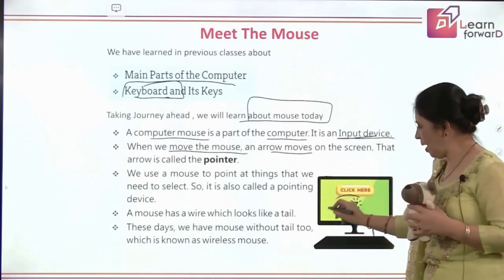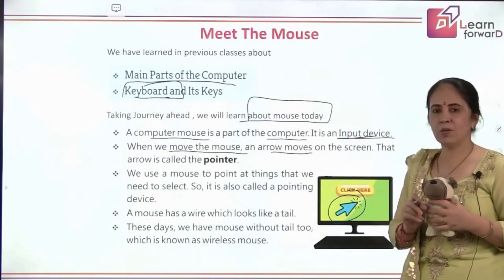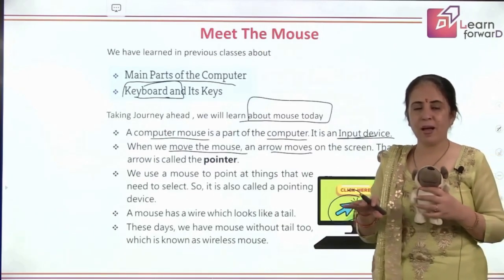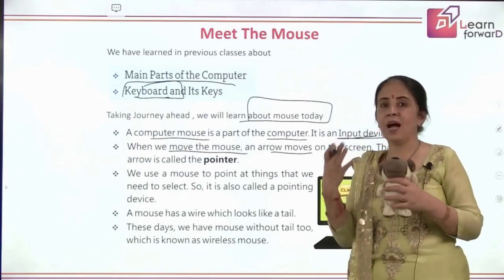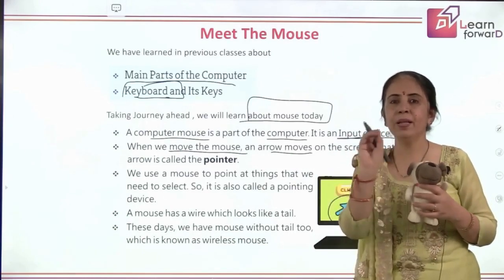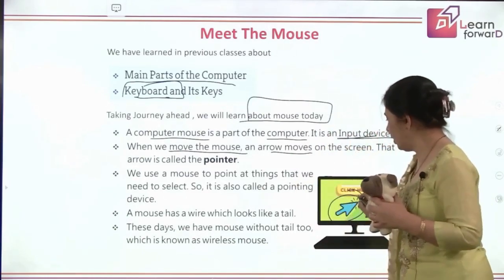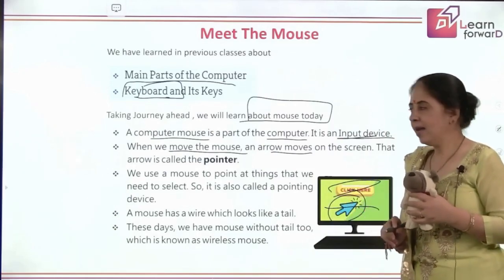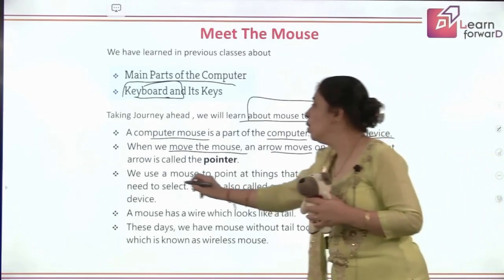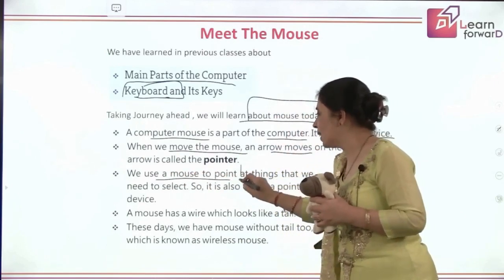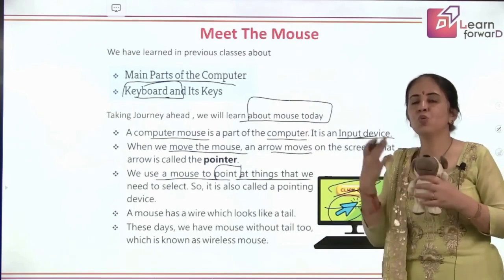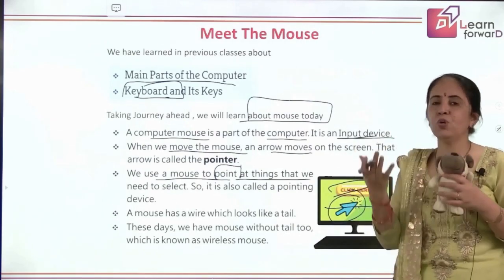And when we move the mouse, the arrow moves. This is the arrow which you could see on the screen. So basically you are moving the mouse on the mouse pad, and you could feel that the mouse is helping the pointer. This pointer just moves on the screen here and there. Yes? And so we move the mouse basically to point certain things that we need to open the file, that you need to select.